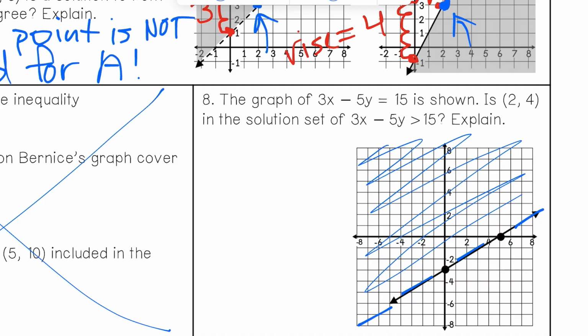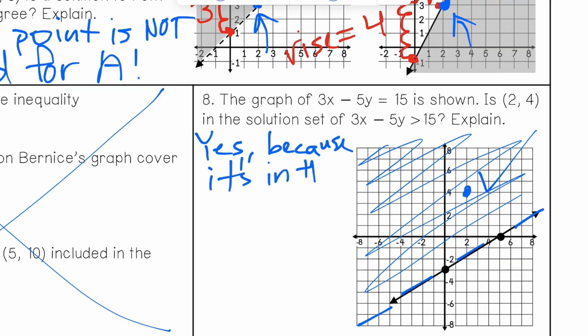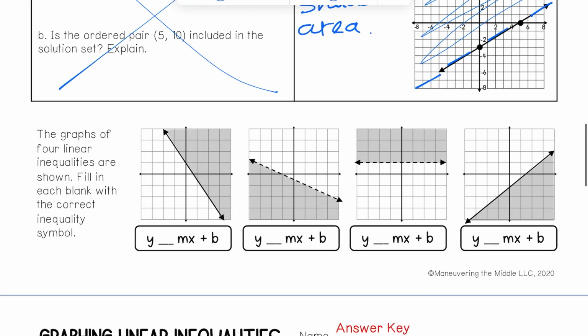Well, (2, 4) is way up here in the shaded area. So yeah, I'm going to say it is in the solution set. Yes, because it's in the shaded area. There you go.